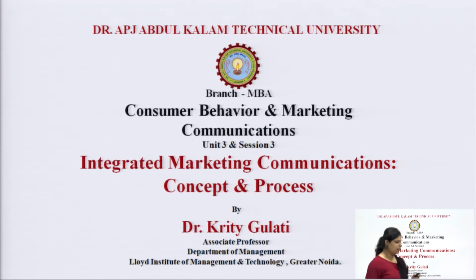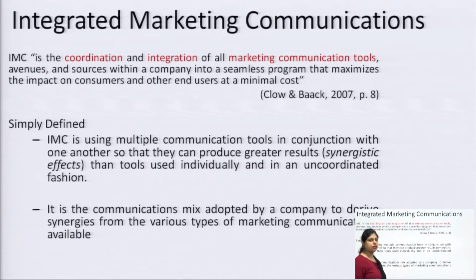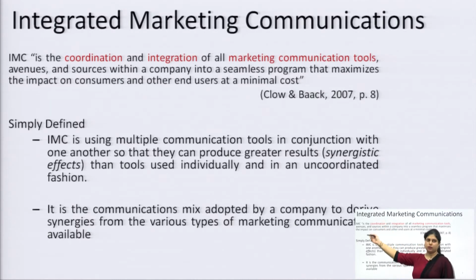So, let us start the discussion with the definition given by Clow and Baack in 2007. IMC, which is the abbreviated term for integrated marketing communication, is the coordination and integration of all the marketing communication.